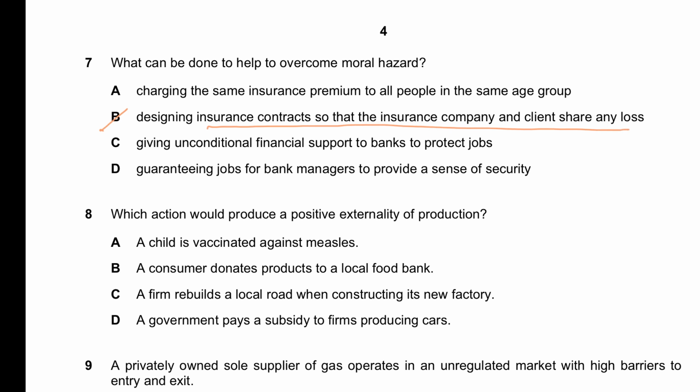Sometimes the car insurance that is given to you says in the first year we may cover 100%, but as we go each year, the damage percentage that we will cover will go down with time. So that could be one way to solve the problem of moral hazard, where the client is starting to take more risks just because they are insured.